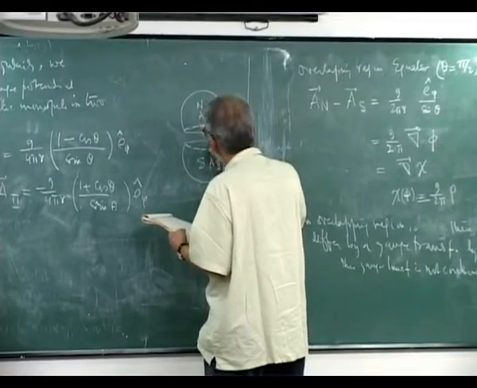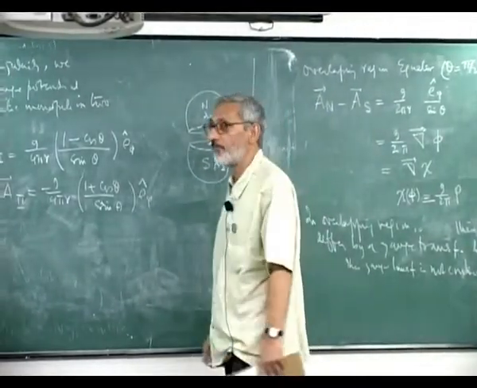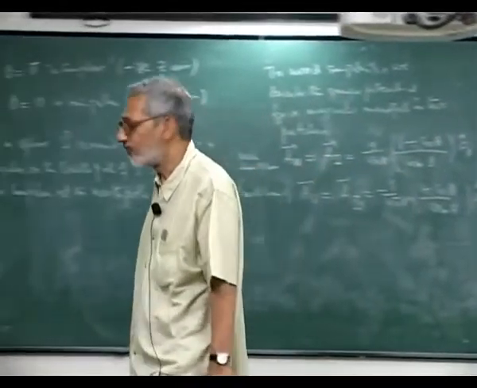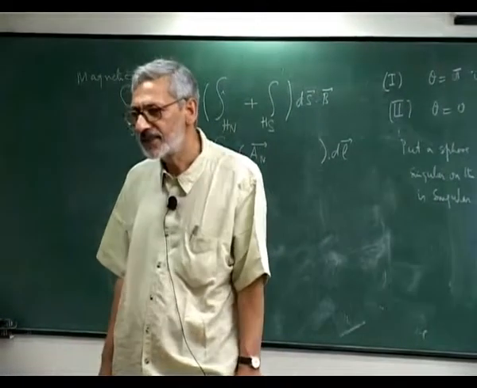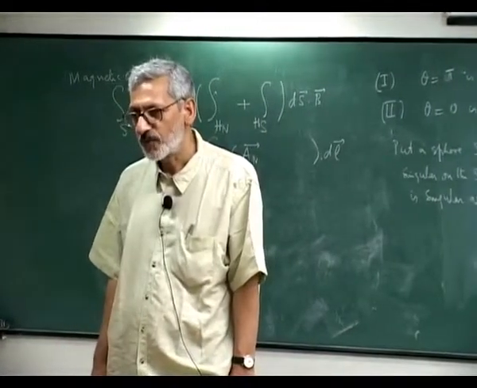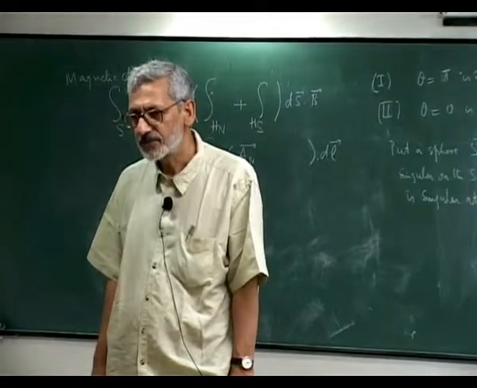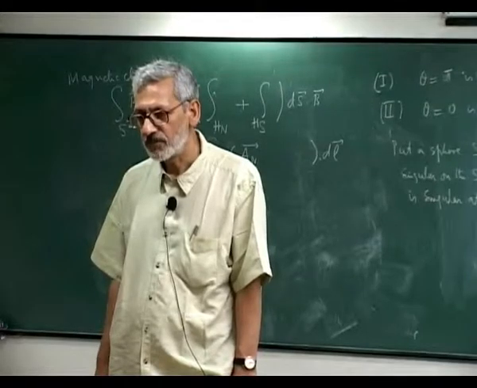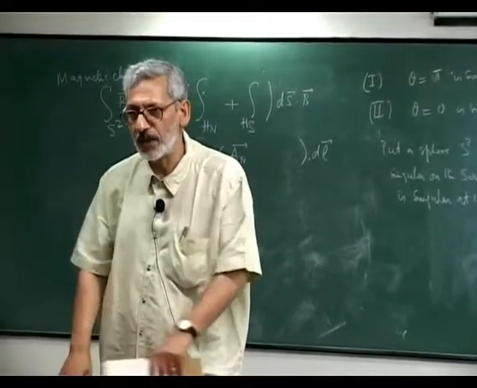The outward line in the northern hemisphere points that way, because when you curl your hand across, you would go outside the surface. Going outward from the northern hemisphere, the flux goes out there and goes down there the other way.